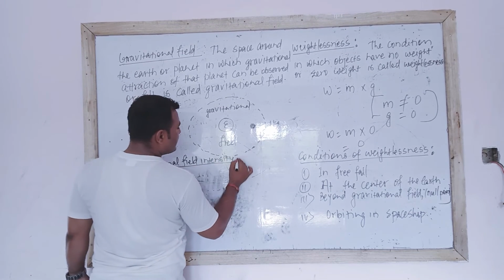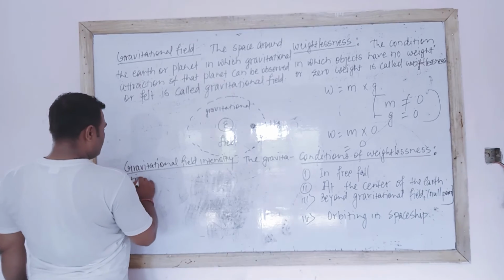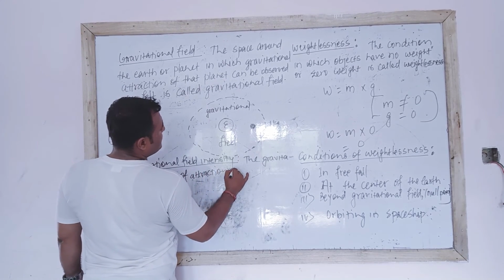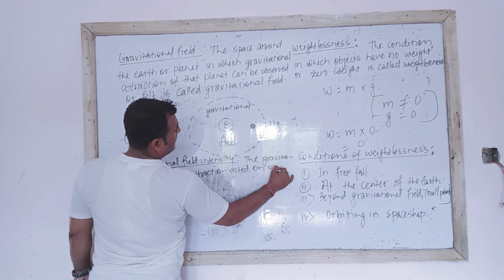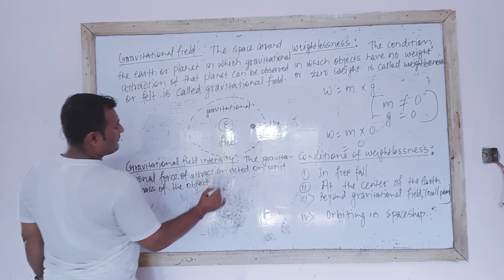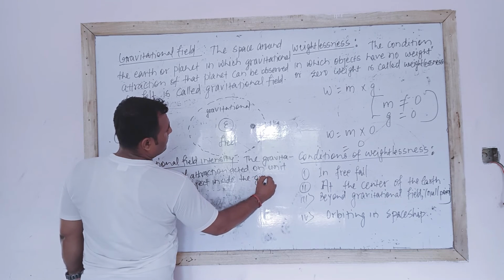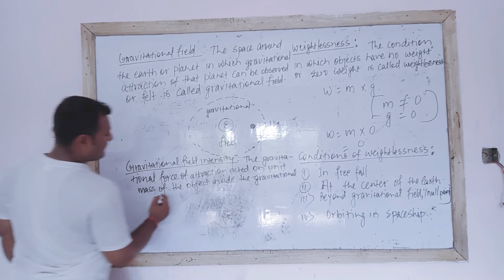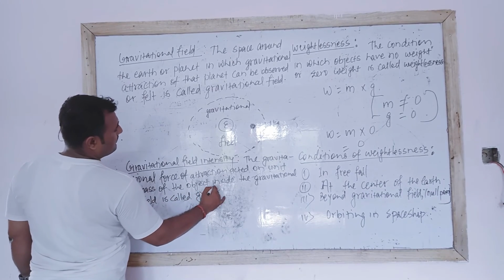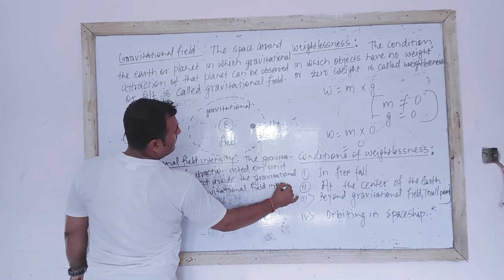And we can define gravitational field intensity: the gravitational force of attraction acting on unit mass of the object inside the gravitational field is called gravitational field intensity.